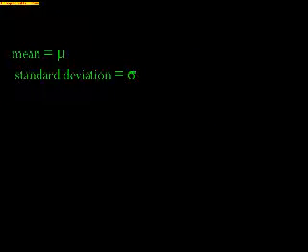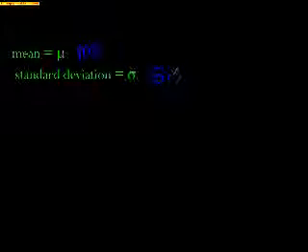So before we go too much further, I want to bring up a couple things. The mean we're going to call mu, and the standard deviation we're going to call sigma. This mean here is mu, like what your cat says. And this is sigma, a lowercase sigma.